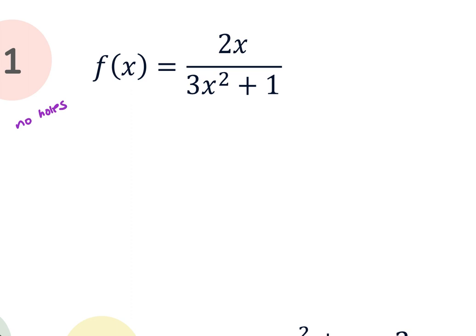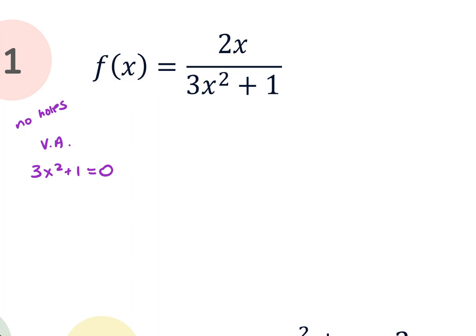To find my vertical asymptote, I'm going to set my denominator equal to 0. Can I factor this? How would I solve it if I can't factor? There's actually 2 answers to that.